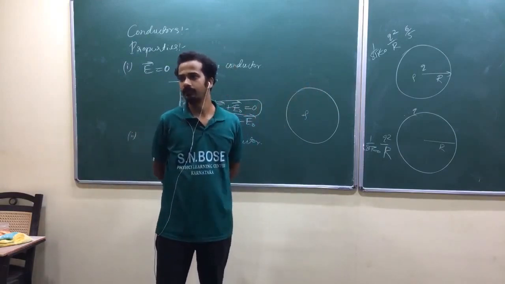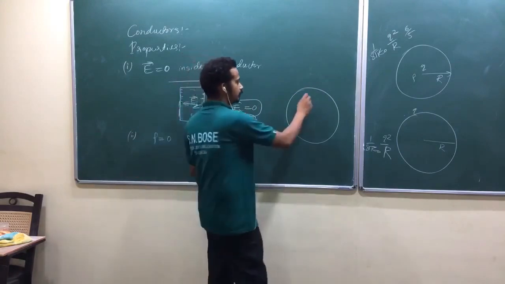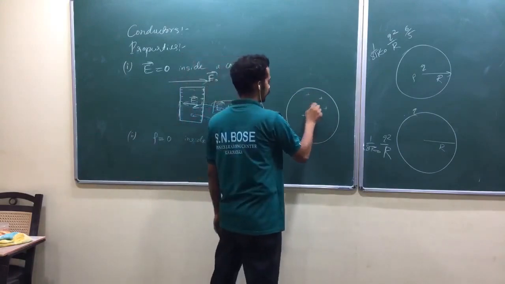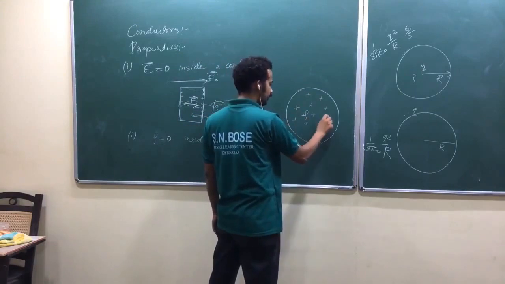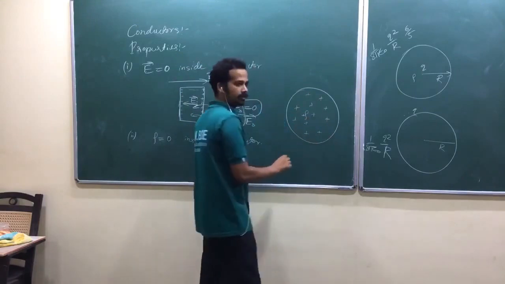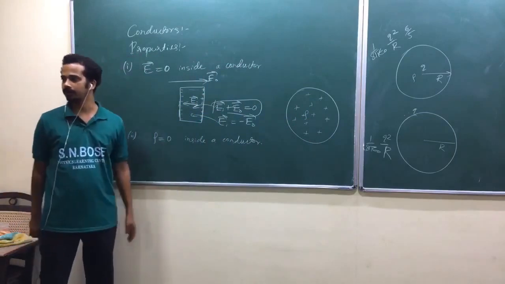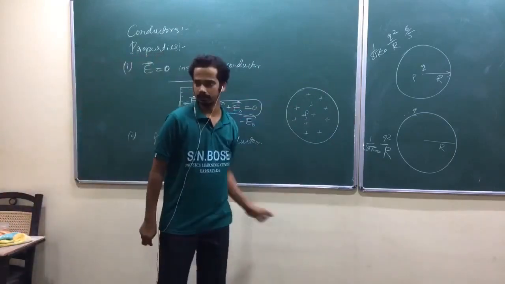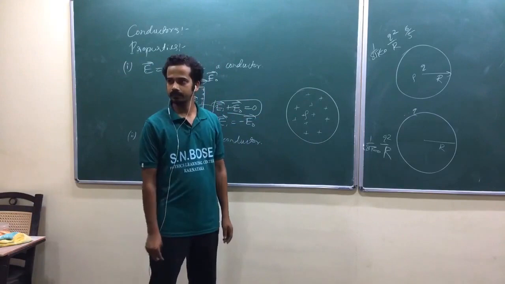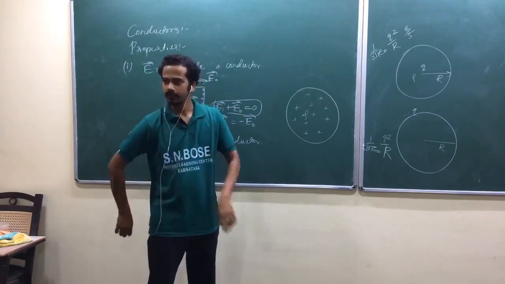So if it is uniformly distributed, the question comes: they are free charge carriers, so how are they still in space, isn't it? They will repel each other and they are free to move within the conductor. They will repel each other.